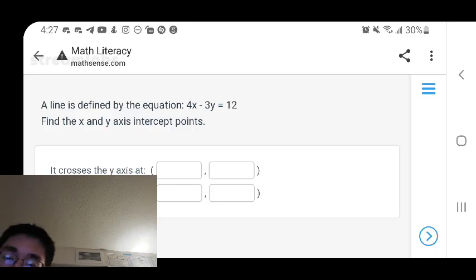Let me see. A line is defined by the equation 4x minus 3y equals 12. Oh yeah, I was talking about x and y intercepts. So I just found the y-intercept last question. That's when x is 0.